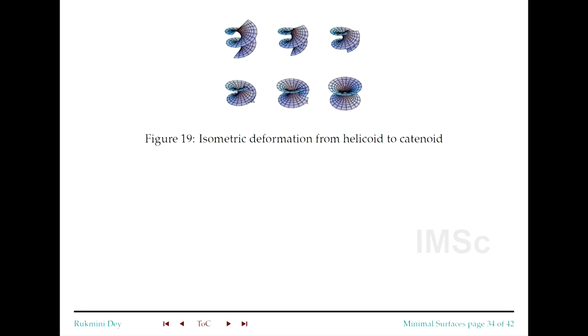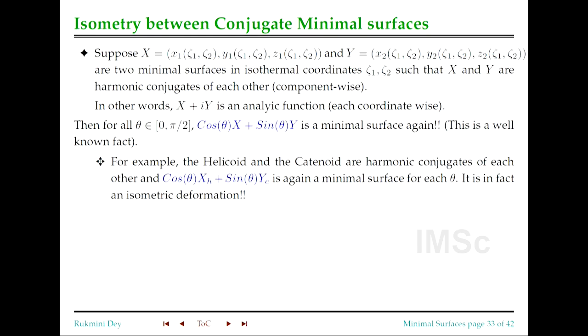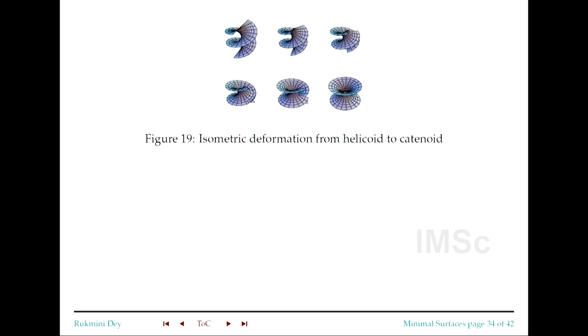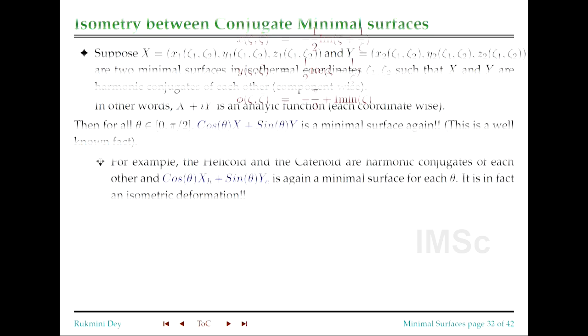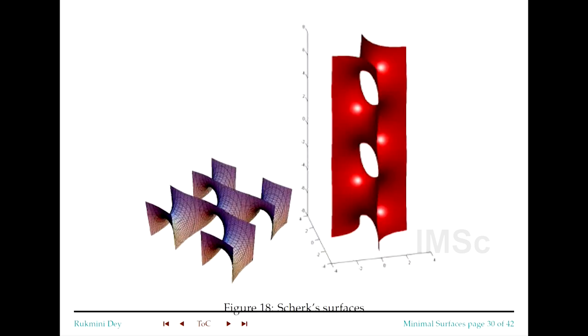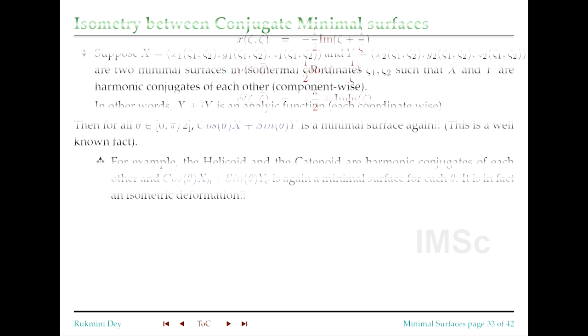That's why this is called the conjugate of this. I'm not going into the theory. Similarly, for this one and this one there is a way of going from one to the other through a family of minimal surfaces. I don't have the picture of that.